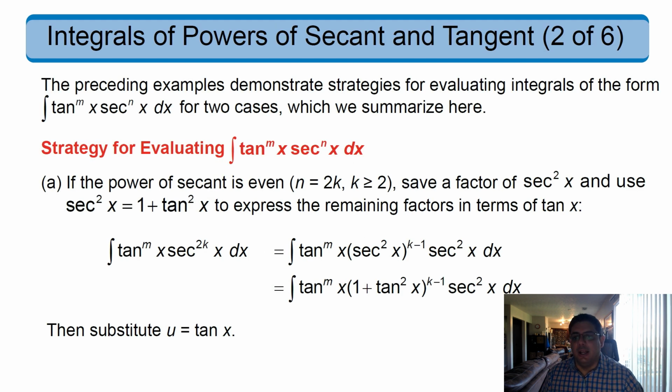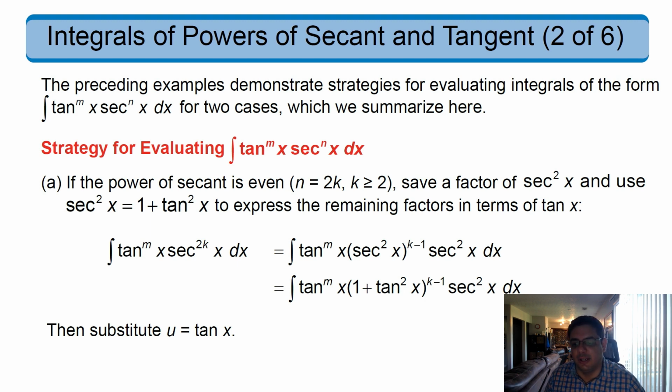Okay. In general, the rule for this is that we can consider what happens if the power for secant is even, and save the factor of secant squared for the du once we make u equals tangent.